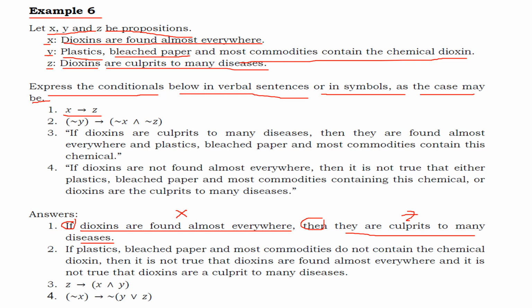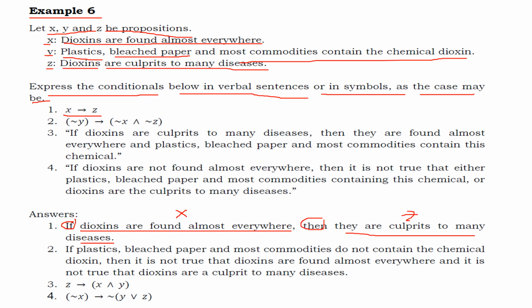That's why we use "if... then they are culprits to many diseases." They represents dioxins, because if "dioxins are found almost everywhere," then we cannot reuse dioxins. So it is appropriate to use "they" to represent dioxins in the second part of this sentence.